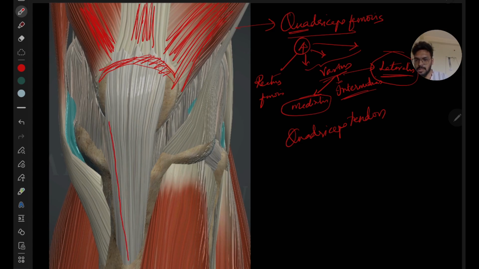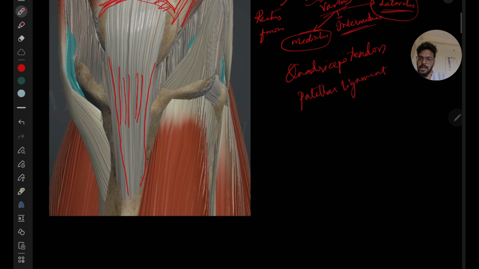Coming to the lower end, it continues as the patellar ligament. The patellar ligament is attached at the tibial tuberosity.